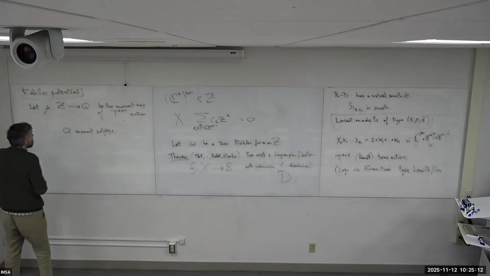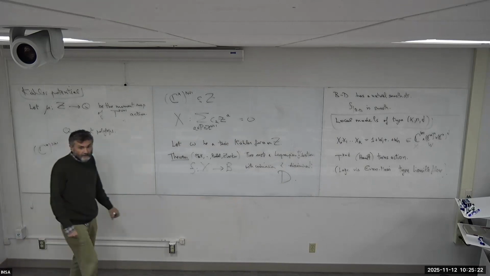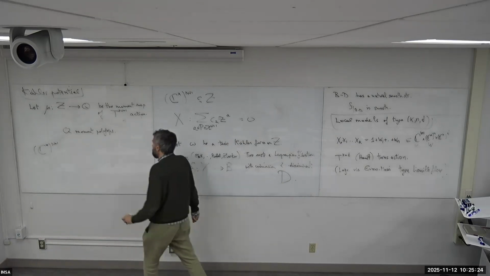Okay, so now, what's the symplectic form? We have that (C*)^{n+1} is the big torus orbit, as I said, and what's the Kähler form on there?